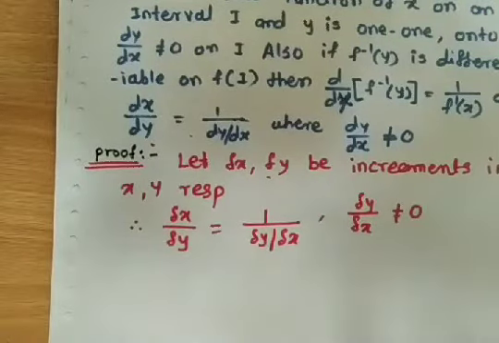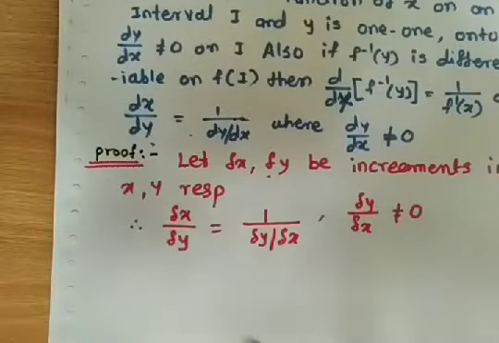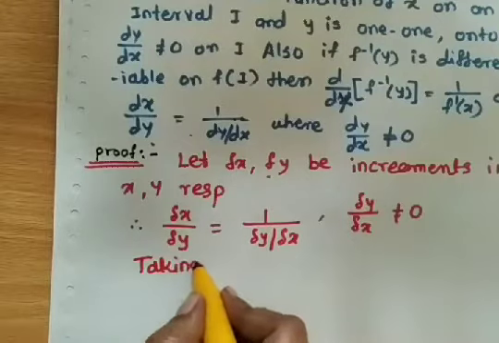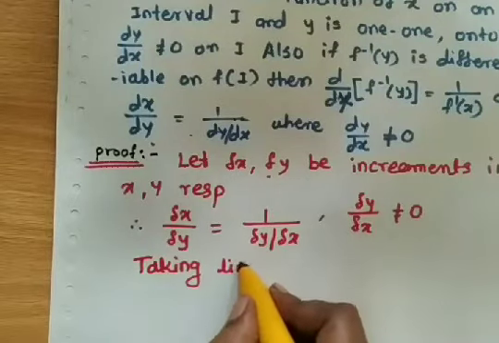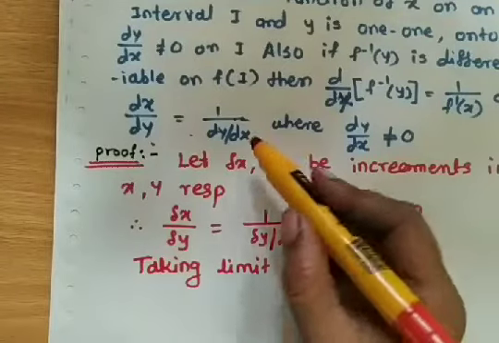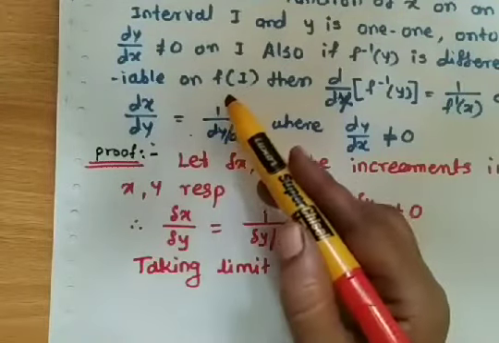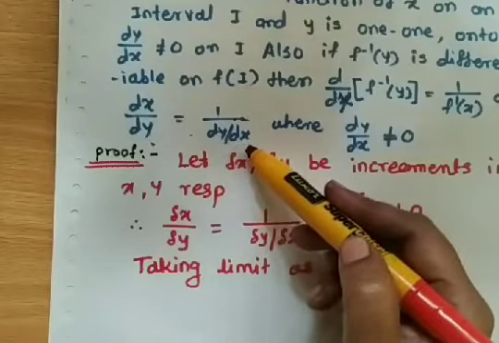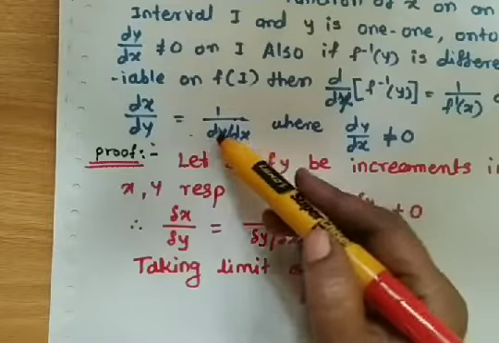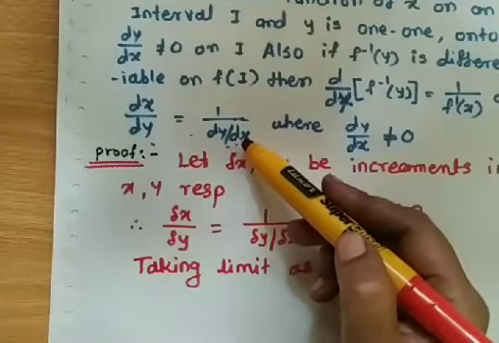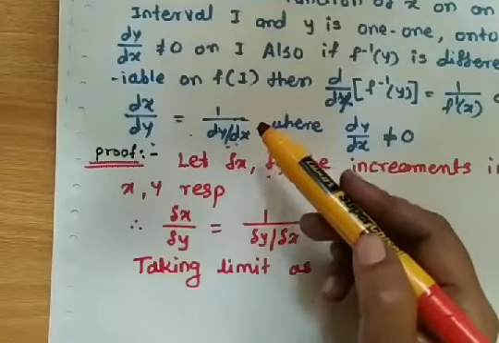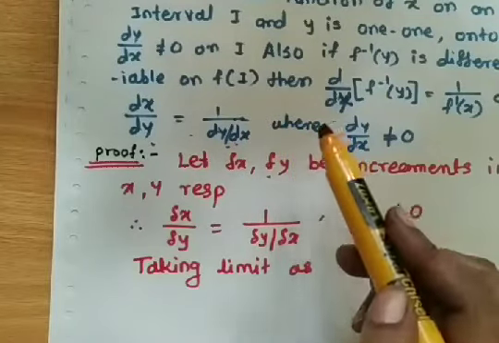Taking limits on both sides. Okay. How to take the limits on both sides? Taking limit as, see the right side of this, that is 1 upon dy by dx. Lastly, see the denominator of this, dy by dx. dx is the denominator of the right side, and we have to take the limit as delta x tending to 0.